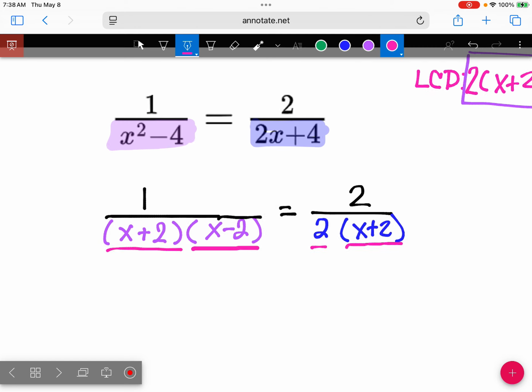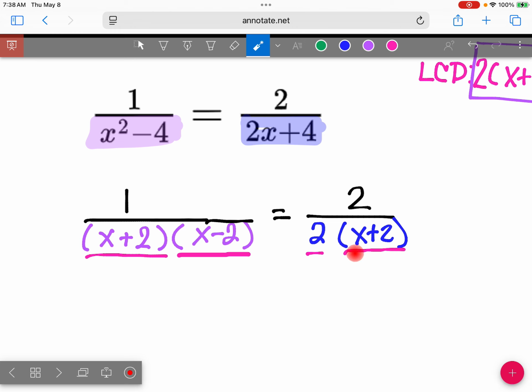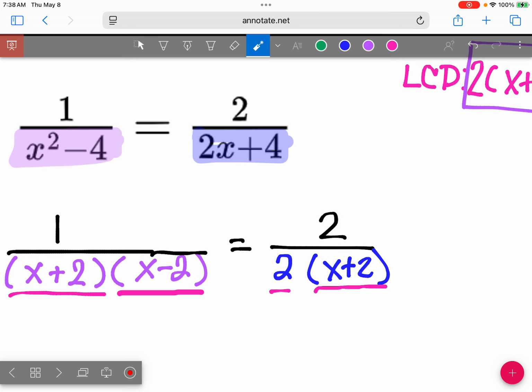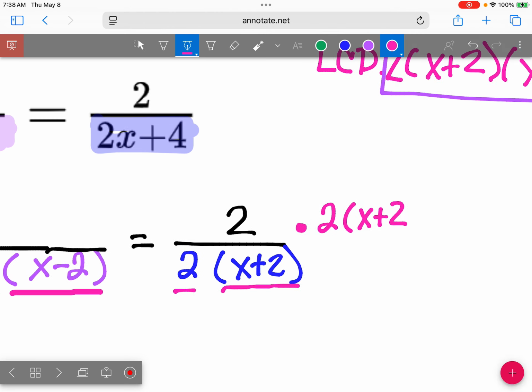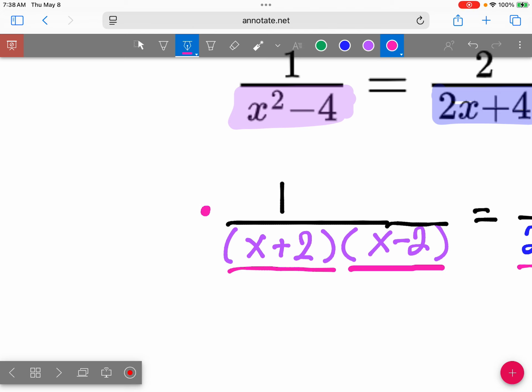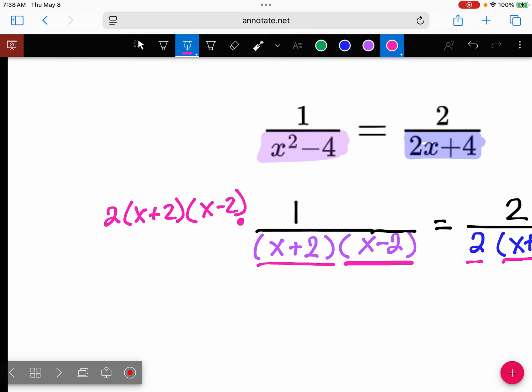So what we're going to do is multiply both of these sides, these 2 fractions we have, by the denominator. I need to multiply this side by 2 times x plus 2 times x minus 2, and I need to multiply this side by 2 times x plus 2 times x minus 2. By multiplying both sides like this, now we can get things to cancel. We can only multiply both sides if we have an equal sign, otherwise we have to do the funky looking one.